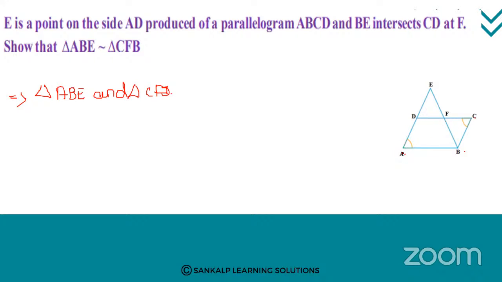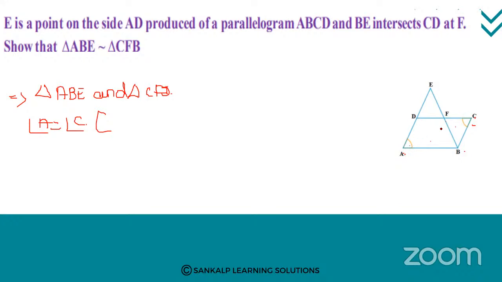So between these two triangles, A is equal to C. Yes or no? So angle A is equal to angle C. Why have we taken A is equal to C? Why are these two angles equal? Because these two are corresponding angles. So this is a parallelogram. ABCD is a parallelogram.